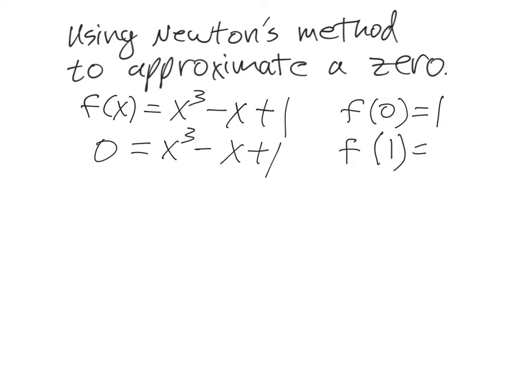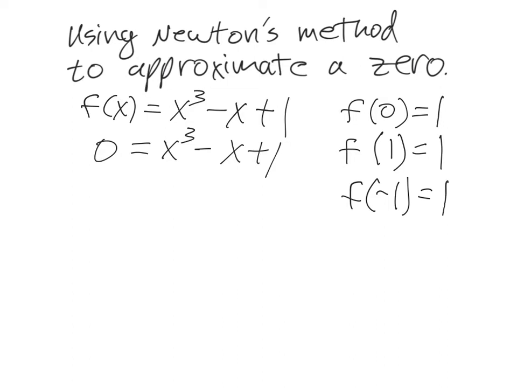F of 1. That's also 1. Well, are we guaranteed there's a 0 between 0 and 1? Not necessarily. How about f of negative 1?